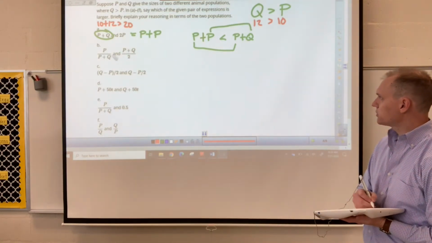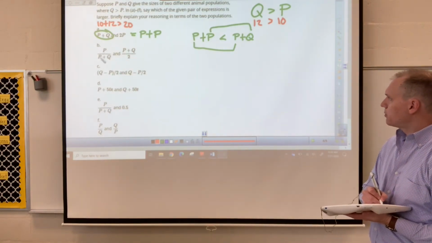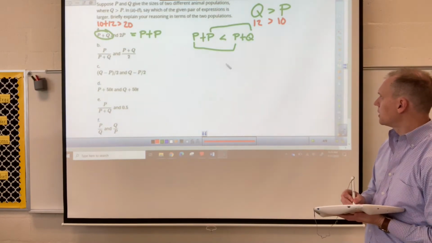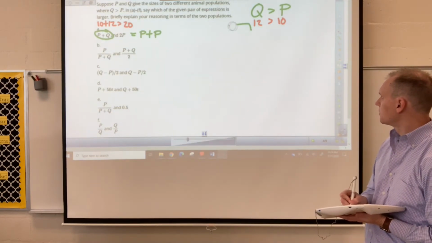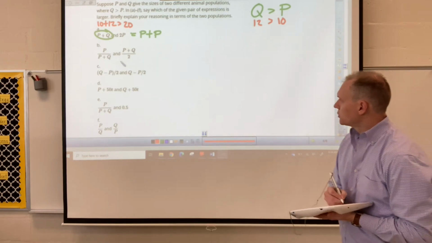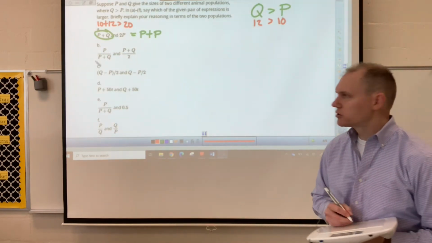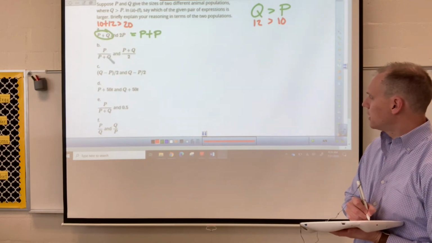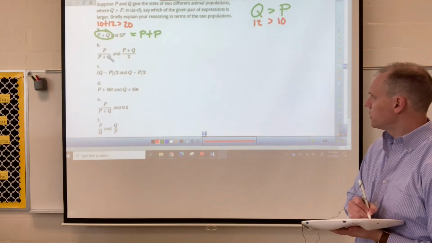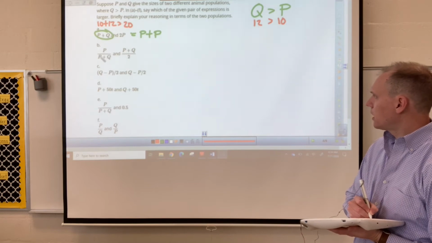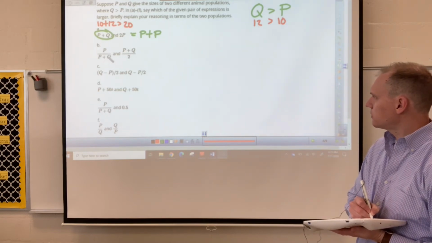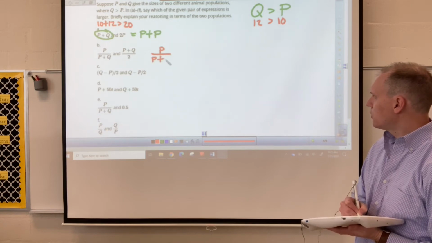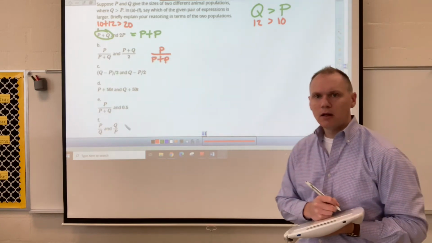All right, let's go on to the next one. p over p plus q, and p plus q over 2. So here's how I thought about this one initially. p plus q. Again, q is bigger than p. So if we just think of this as p over p plus, we'll just do p for a second.